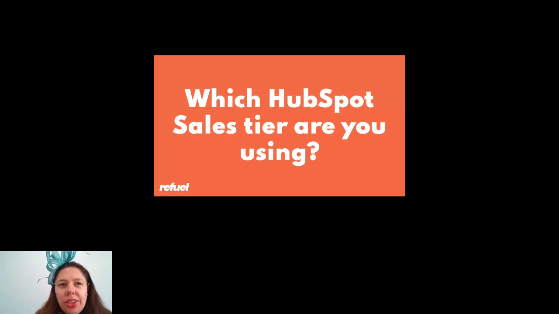The next question I have here is more around what sales tier people are using. Today we are talking about some features that are available at the starter level, some of which are only available at the pro and enterprise levels. So it just gives a little bit of information on that front there.